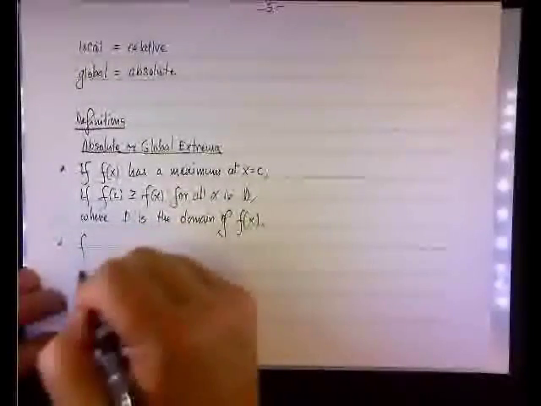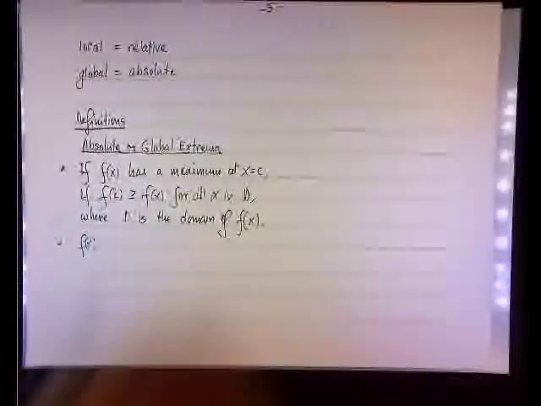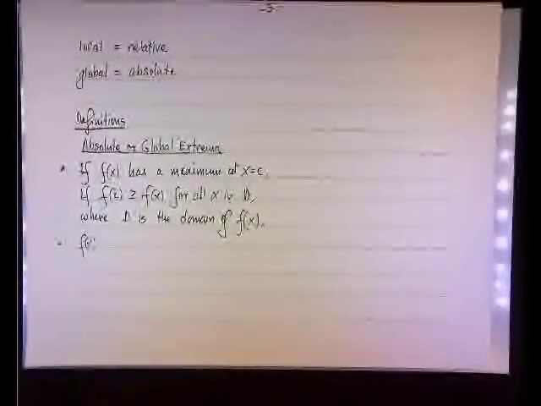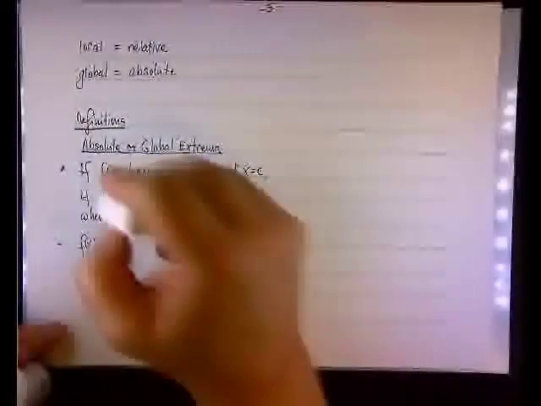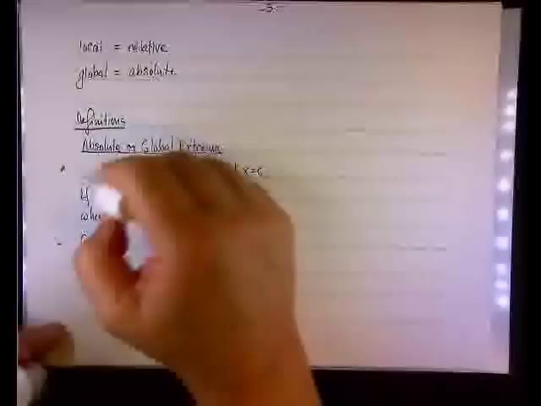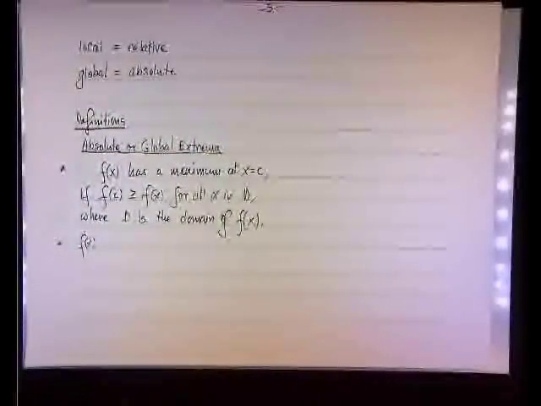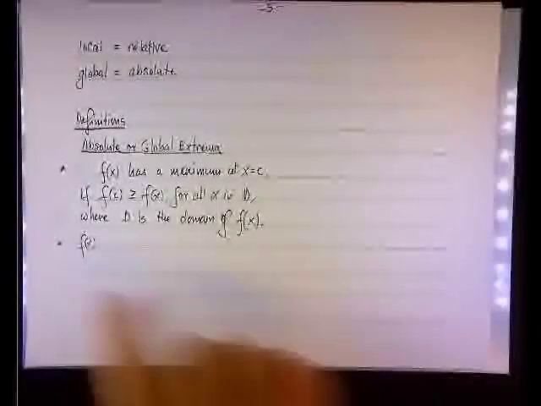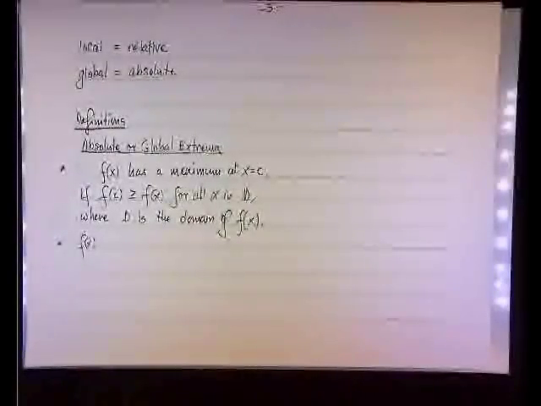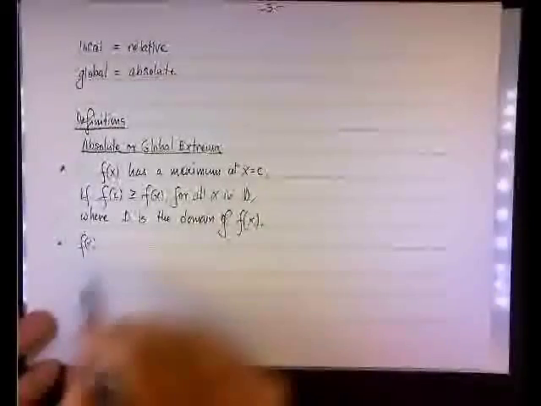By the way, there is an extra "if" here. I think I read it correctly, but I wrote "if" unnecessarily. So the first statement: f of x has a maximum at x equals c if f of c is greater than or equal to f of x for all x in D. So that will be f of c is the highest value of y.